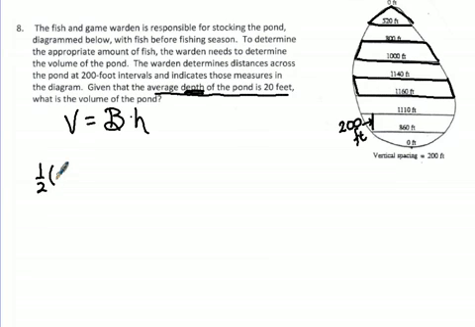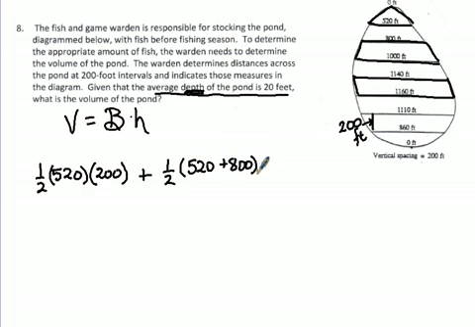So 1/2 times 520, and the height of that triangle and the height of all of our trapezoids is going to be 200. Next one, 1/2 times 520 plus 800, again times a height of 200. Next, 1/2 times 800 plus 1000, again times a height of 200.